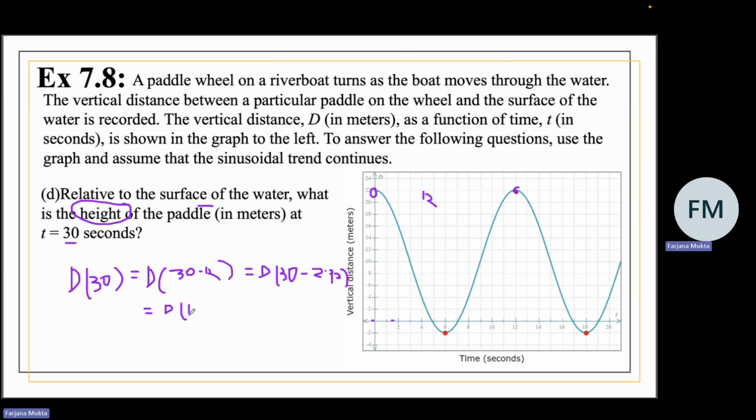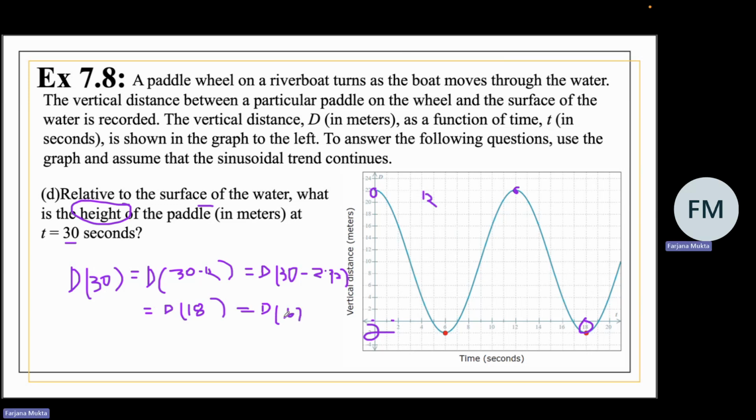So that means the distance at the 18th second will be the same. At time 18 seconds, what is the distance, as you can see? -2, right? Okay. Next, D30 subtract 2 times 12 is what? D6.